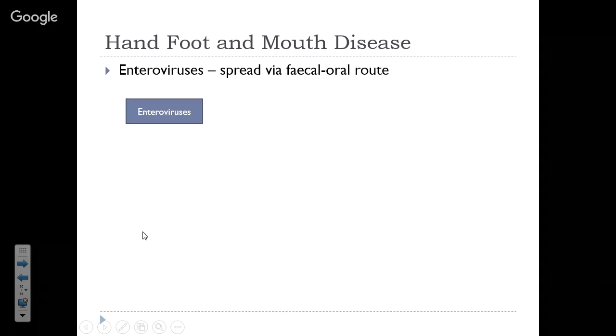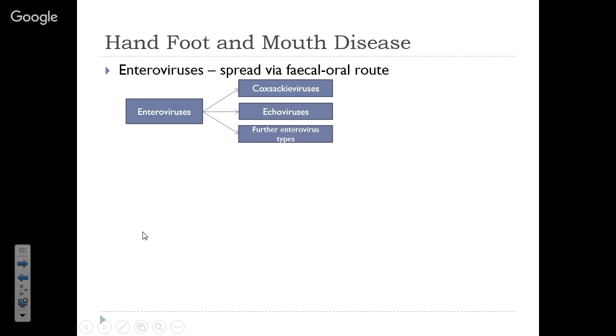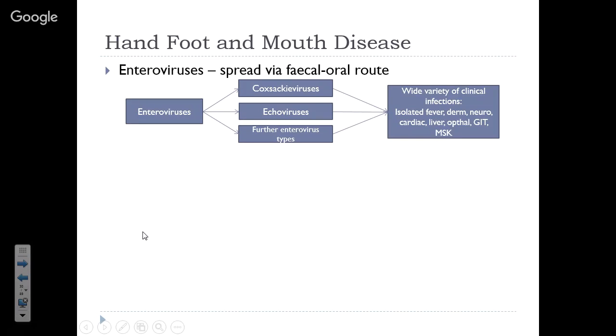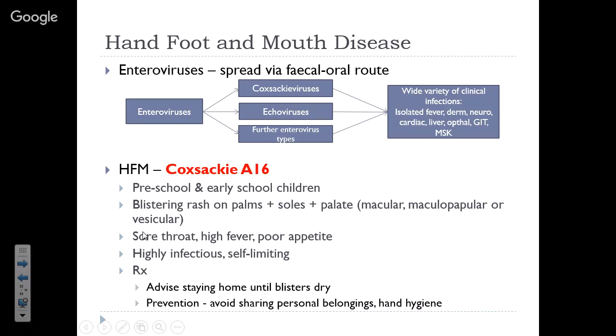Moving on to hand, foot, and mouth disease. So enteroviruses overall are a group of viruses spread by the fecal-oral route. Generally they can be classified into three major types: Coxsackie viruses, echoviruses, and, just to confuse you more, further enterovirus types. Basically they cause a wide range of clinical infections affecting a lot of different systems. The main one we'll talk about today is Coxsackie disease, hand, foot, and mouth disease, which is caused by Coxsackie A16 most commonly.